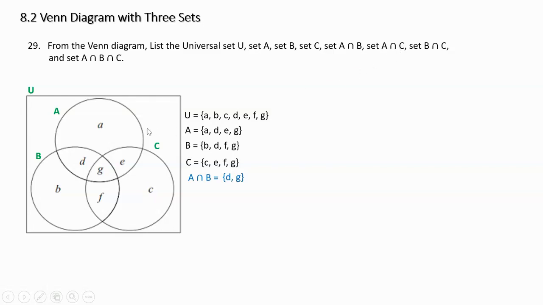Now, A intersects C. So this is my A, and this is my C. What they intersect will be E and G. Now we have to do B intersects C. So we go to set B, which is right here, and C. What do they have in common, or where do they intersect? It will be F, G. And finally, guys, where do all the sets intersect? It will be right here, where they all have in common, which is the G.